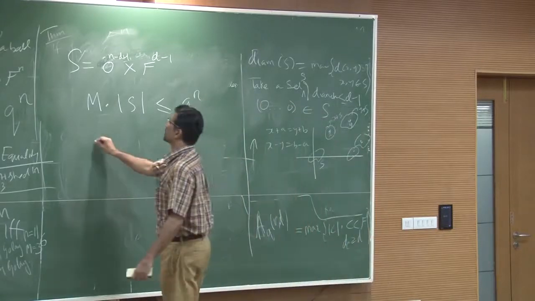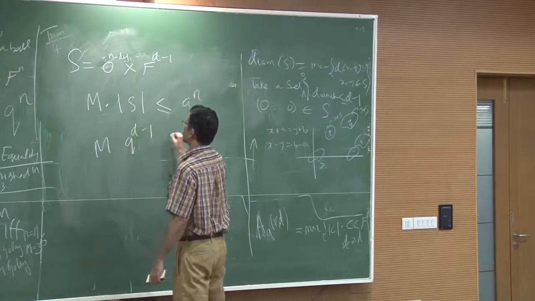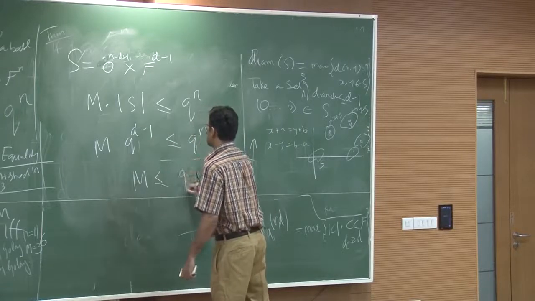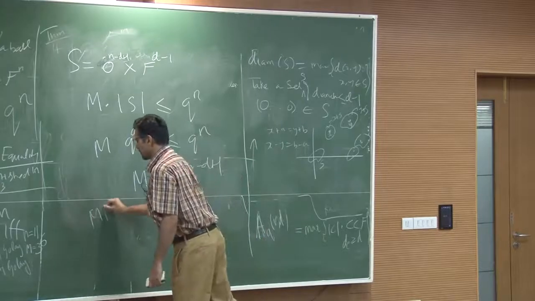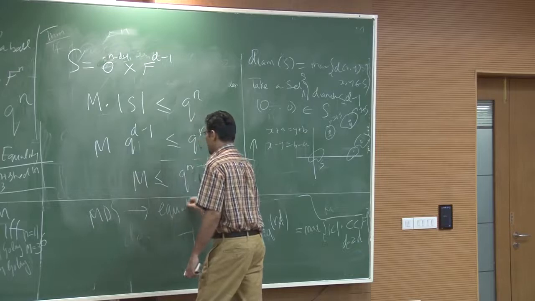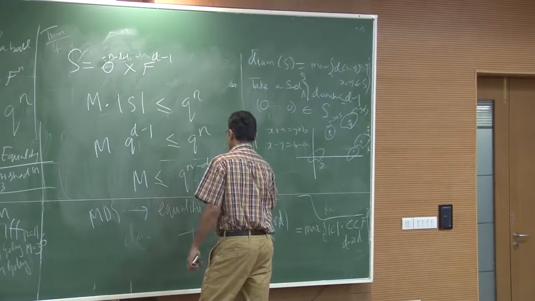What is the size of this set? q to the power d minus 1. So m is less than or equal to q to the power n minus d plus 1. For MDS codes, without going into what this acronym is, equality is attained in this.